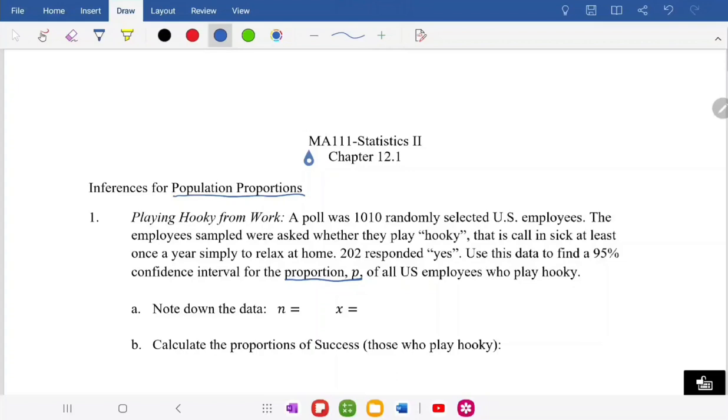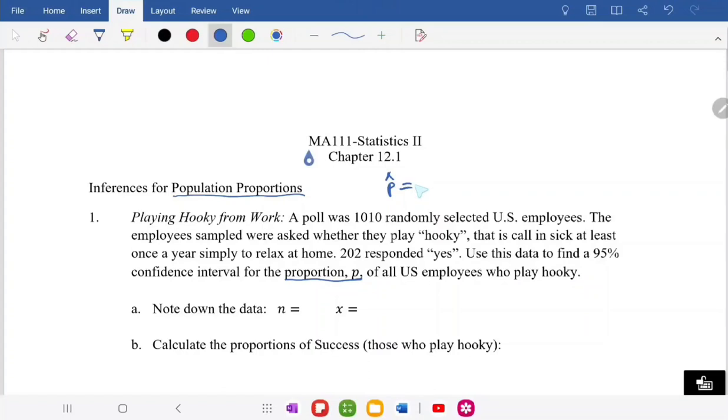In proportions, we need X, which represents... So if you recall, the sample proportion is denoted by the symbol p with a hat on top of it. It's called p hat.